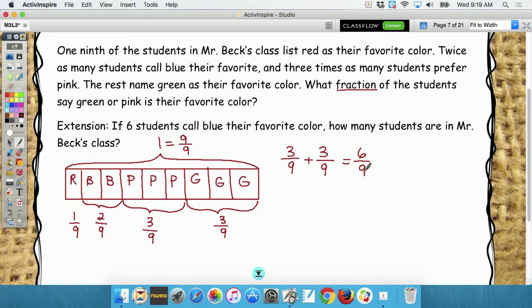Now I'm pretty sure that we've already simplified 6/9, or reduced it, or renamed it. Remember, they're all the same thing, aren't they? Okay, so what do you think the greatest common factor is for 6 and 9? You tell me what to write. Okay, she thinks it's a 3.